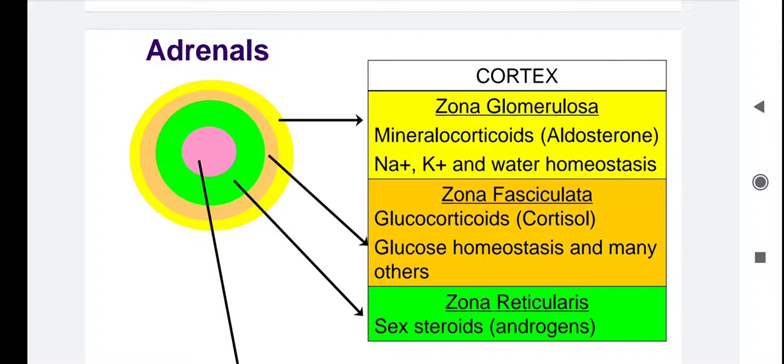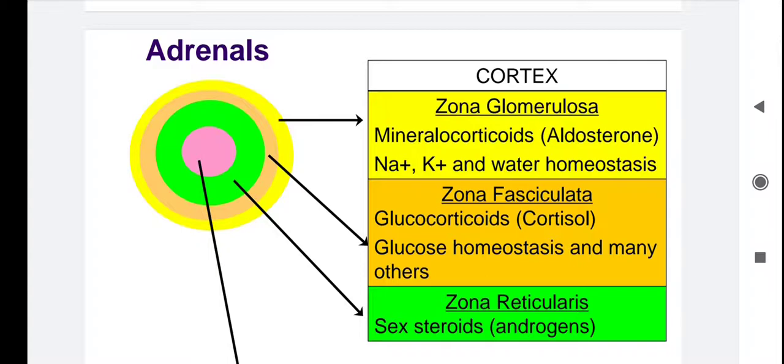The outer layer is zona glomerulosa. This zone secretes mineralocorticoids, aldosterone. Aldosterone is responsible for the regulation of sodium, potassium, and water homeostasis. The second zone is zona fasciculata.